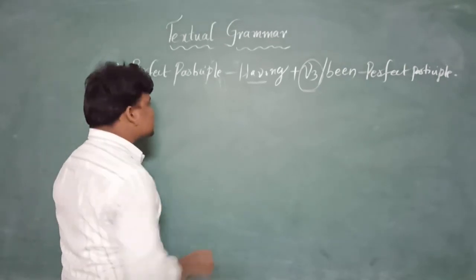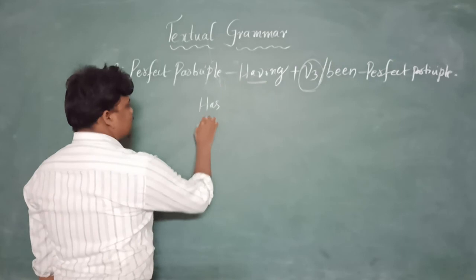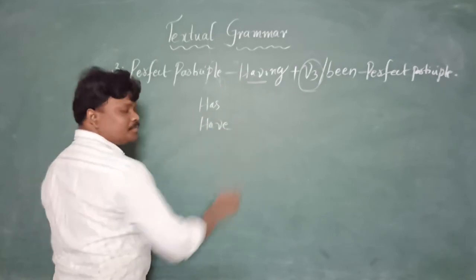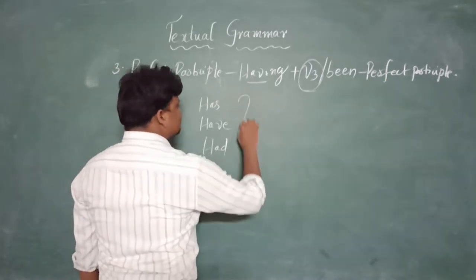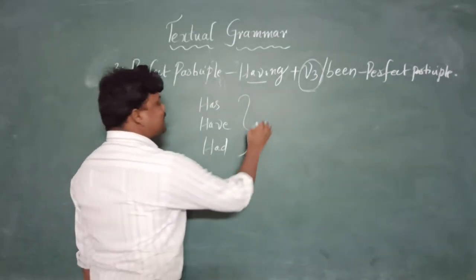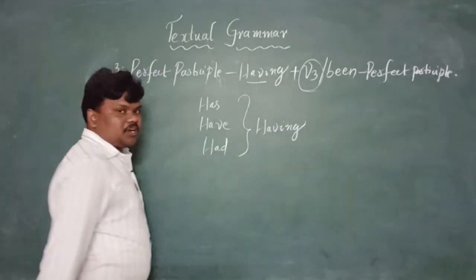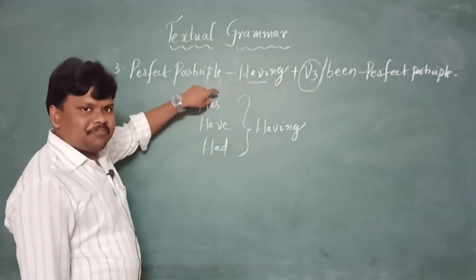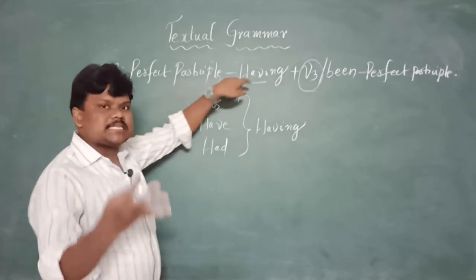One more interesting thing: if the sentence came with has, have, or had, the one and only thing that we need to combine with is having. If the first sentence came with has, no hasing.